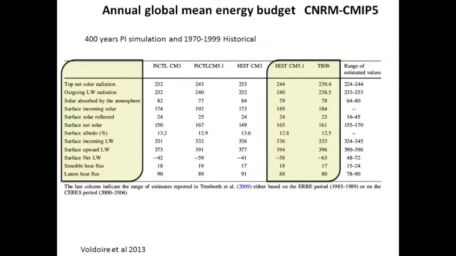reasonably well the energy budget when we do the average, because as we saw in the other figures, when we take one model or compare one model with another model, sometimes one is very far from the other one. So there are many differences among the models.